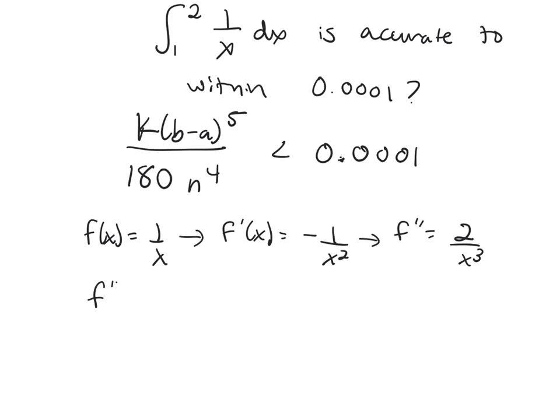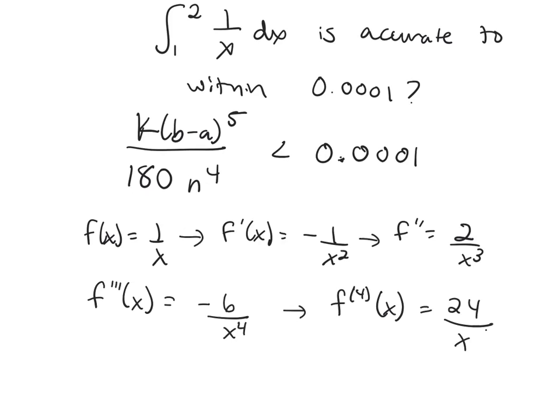What's the third derivative? Negative 6 over x to the fourth. And then the fourth derivative is going to be a positive 24 over x to the fifth.